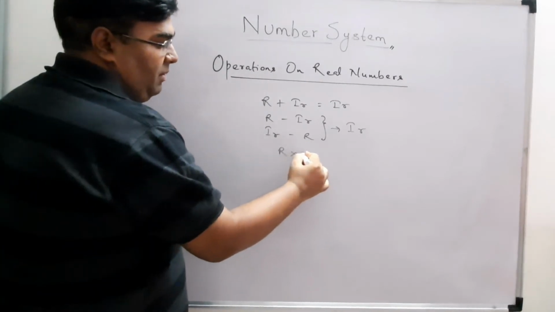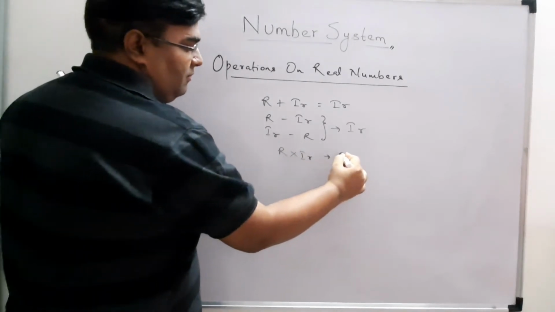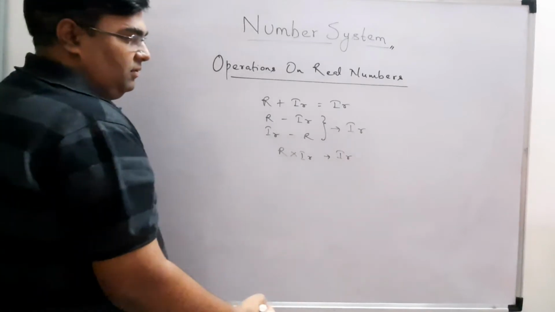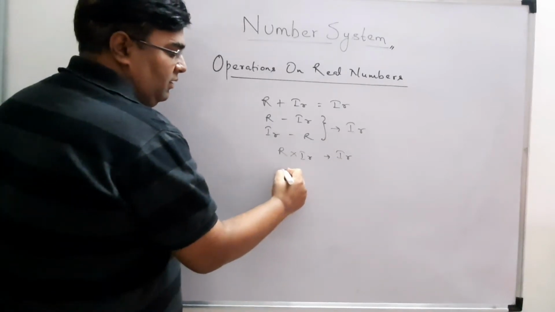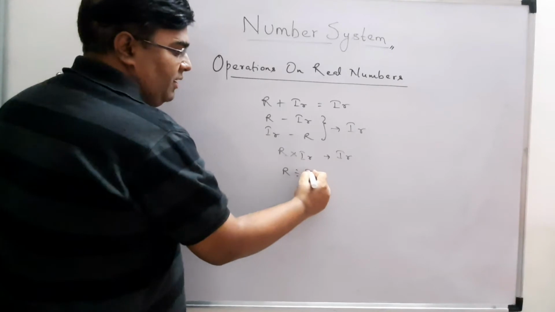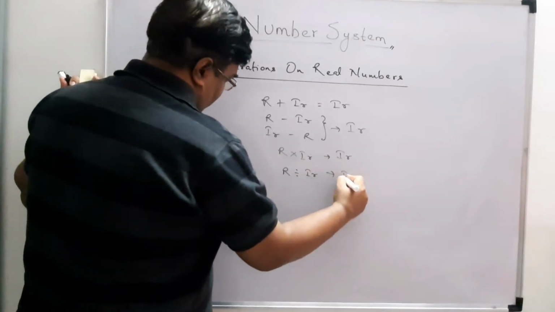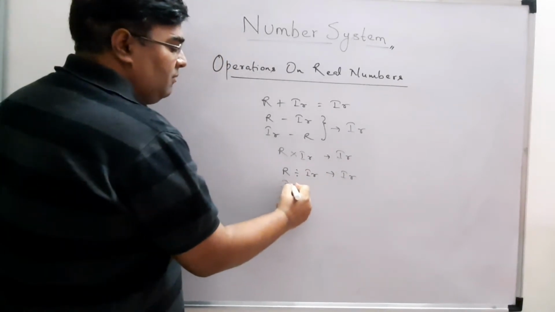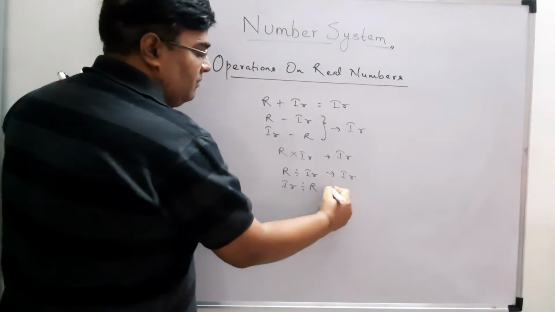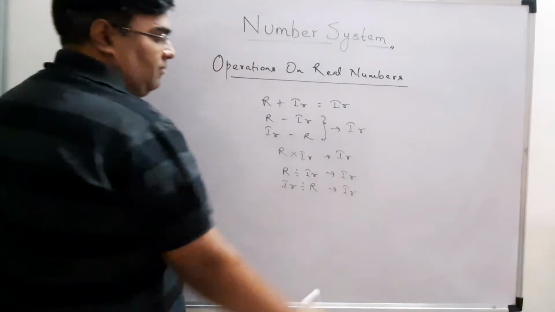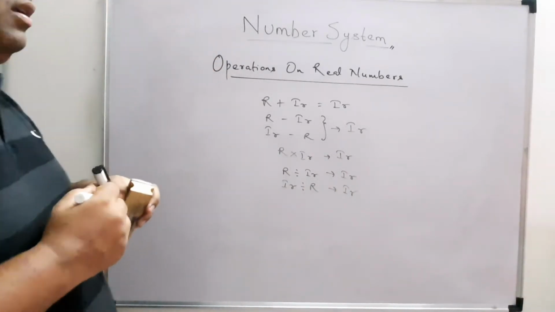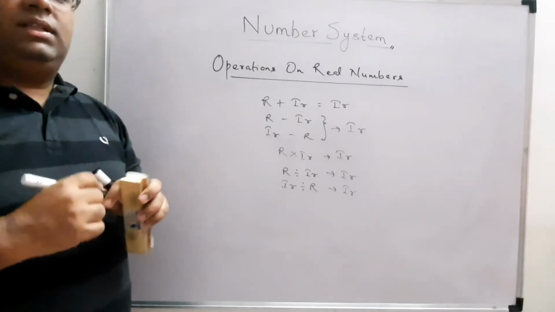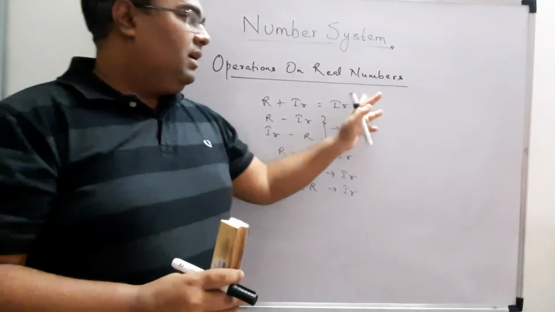Rational multiplied by irrational, and rational divided by irrational, or irrational divided by rational. It means whenever rational and irrational numbers are there, you will always get irrational.